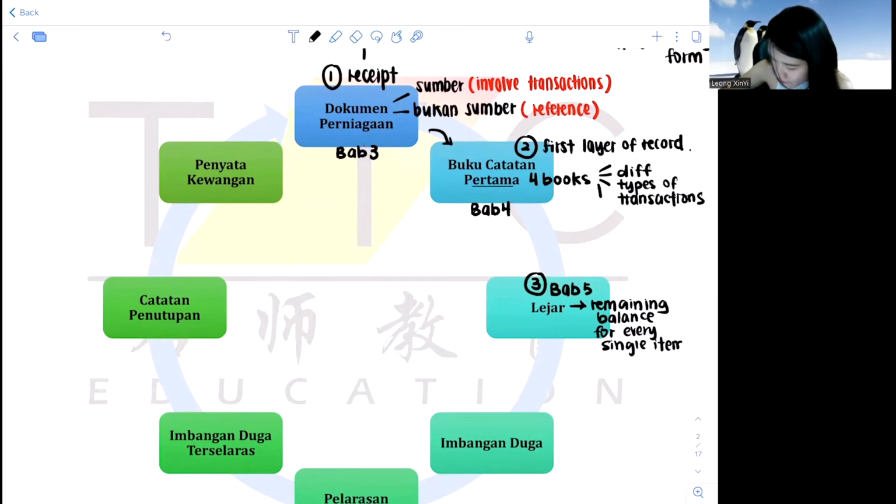So when I say every single item, you can imagine in your shop here, you can have up to 100 items. Those 100 items will each have their own ledger, and that is where you find their remaining balance.